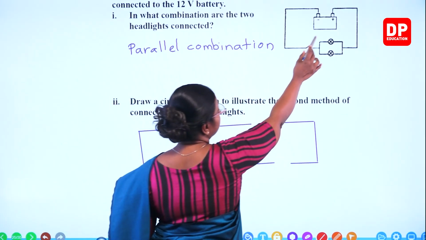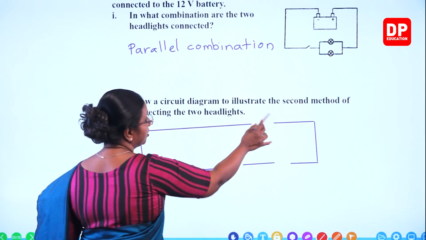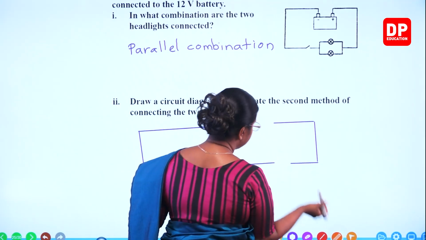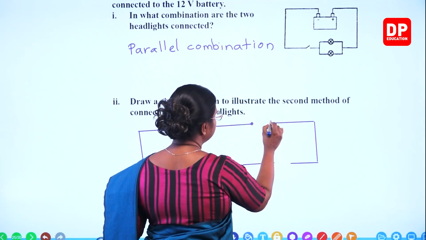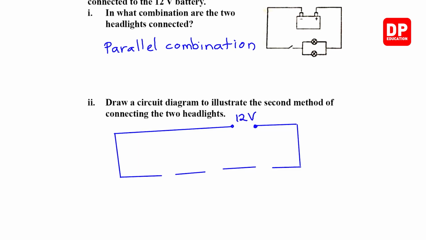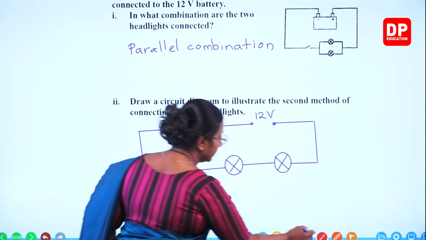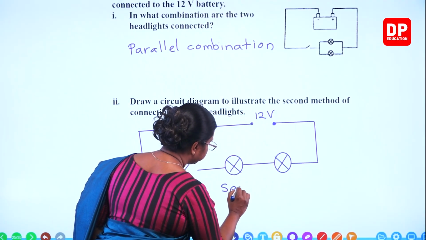Since we only need to show the bulbs, I'm not going to draw the dry cells there. The car battery, this is 12 volt potential difference. We have the switch there. So here we will have the 2 bulbs there. So that is going to be the series combination.